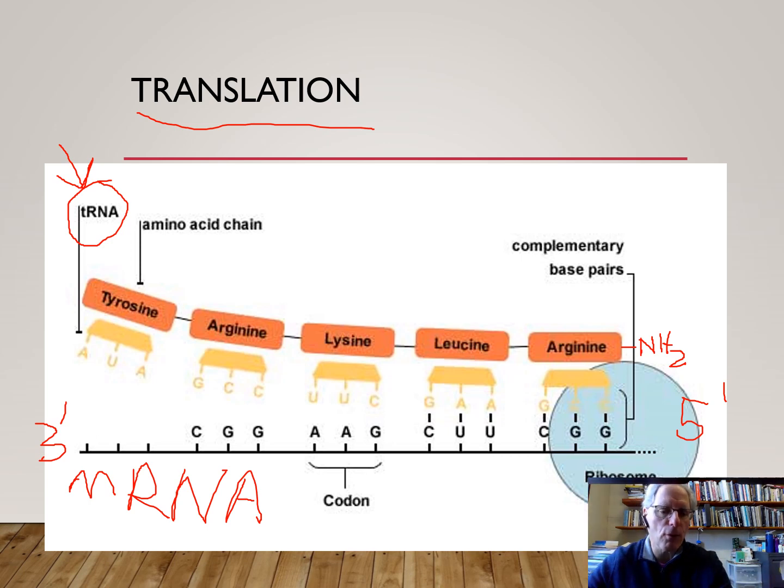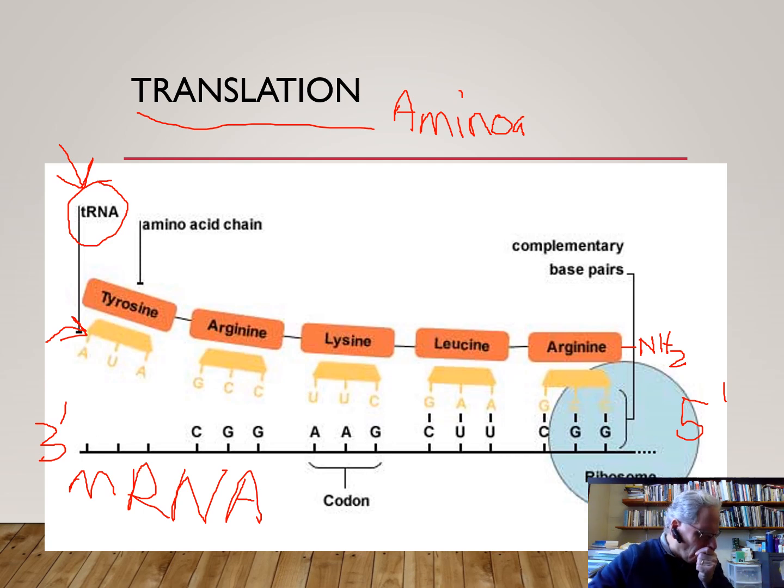The appropriate amino acid is linked to the appropriate tRNA by a special group of enzymes. Those enzymes are called aminoacyl tRNA synthetases. Very interesting group of enzymes. A lot of work has been done on those enzymes.